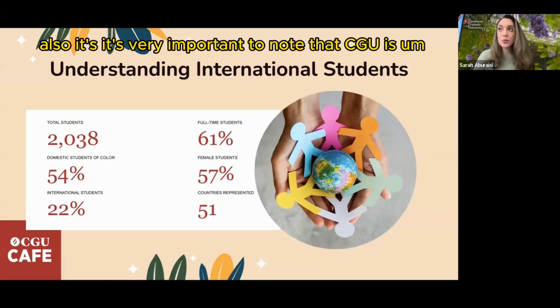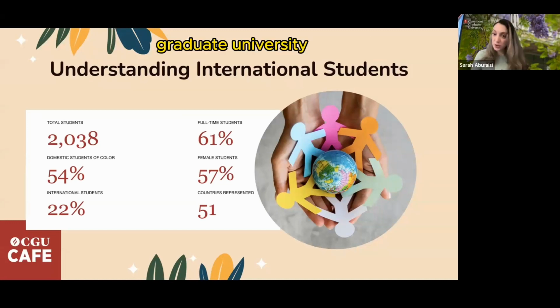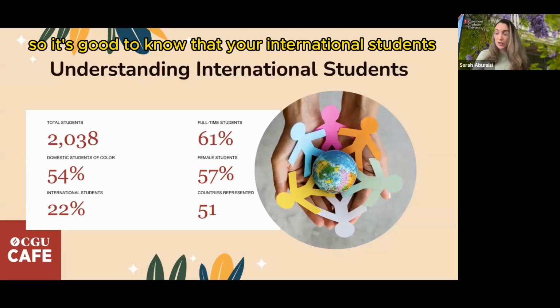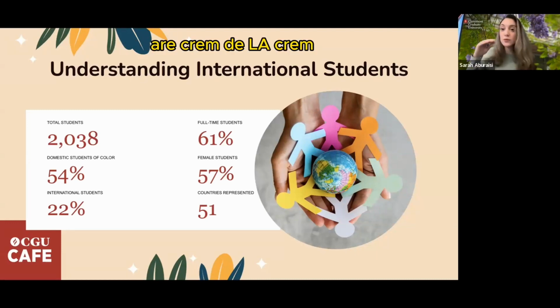Also, it's very important to note that CGU is a graduate university, which is very unique. Not all schools are only graduate universities. So your international students are the creme de la creme of international students.